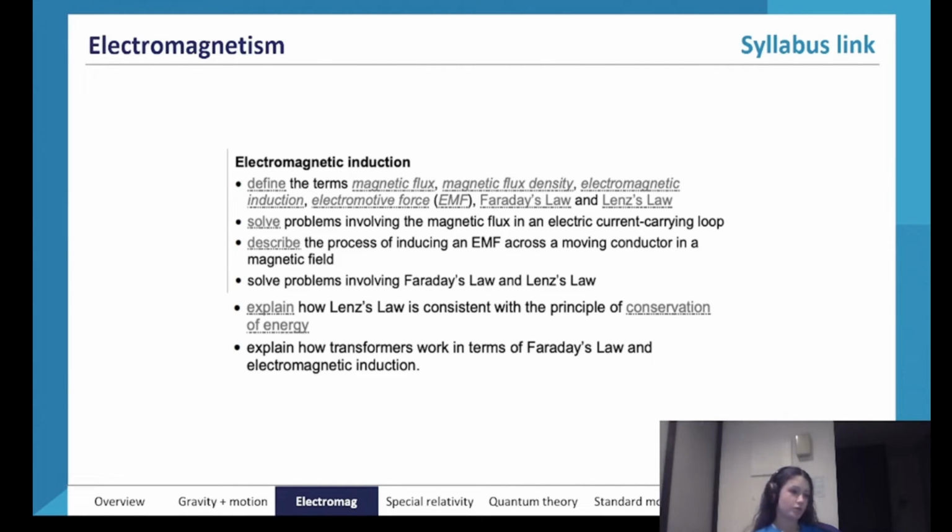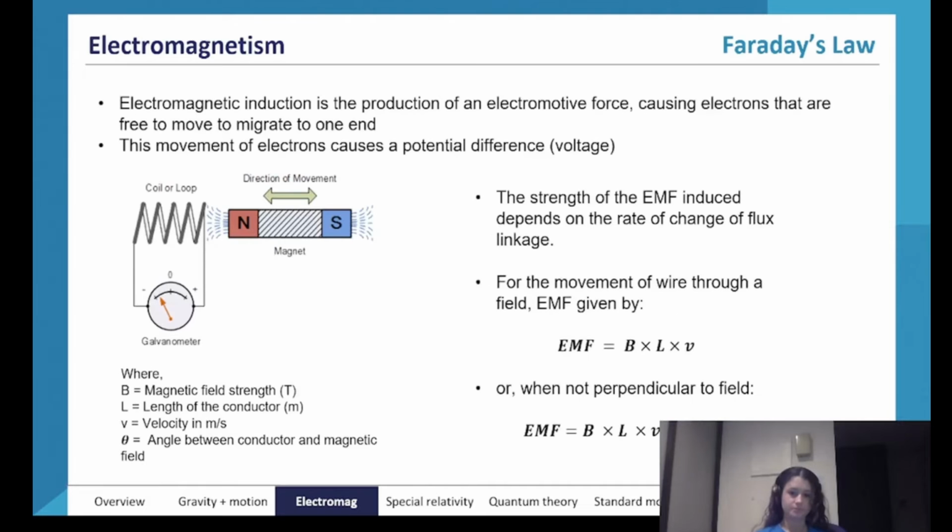And then we need to solve problems involving these terms and laws. So, electromagnetic induction is the production of an electromotive force, causing electrons that are free to move to migrate to one end. As a result of this movement of electrons, a potential difference is going to be caused, or in other words, a voltage.